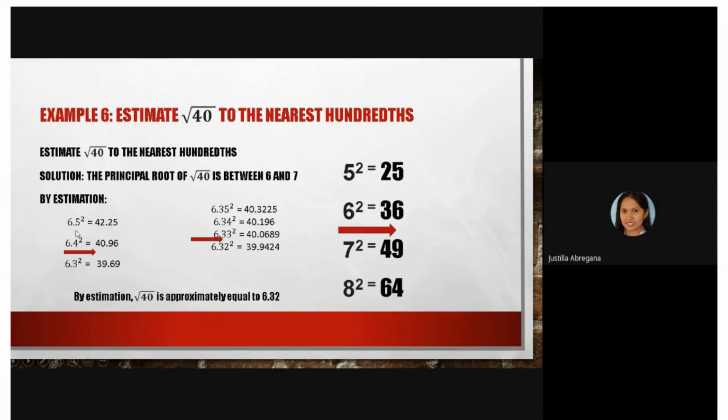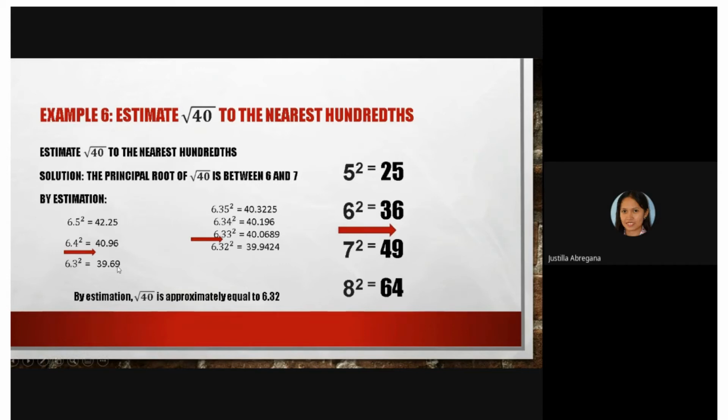Let's identify numbers between 6 and 7. So I'll try 6.5. 6.5 times 6.5 is equal to 42.25. Notice that it's bigger than the radicand 40. So we'll go lower. 6.4 squared is equal to 40.96. So 40.96 is still greater than 40. So go lower. 6.3 squared is 39.69.